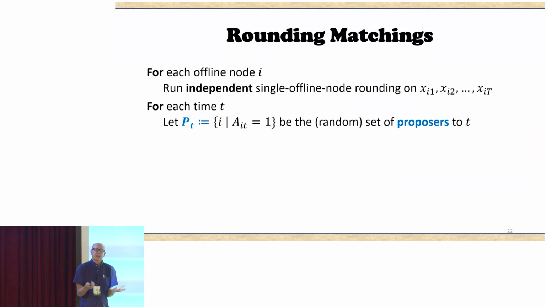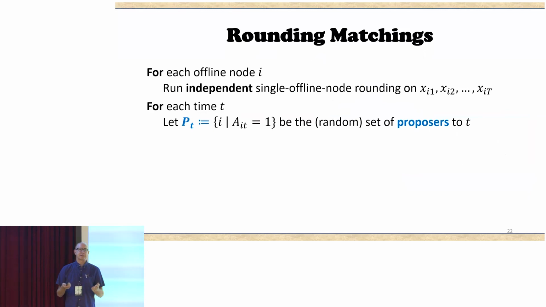Now, of course, the issue is that each offline vertex runs its own independent copy of the single case, and there may be more than one offline vertex who is supposed to be matched to t.